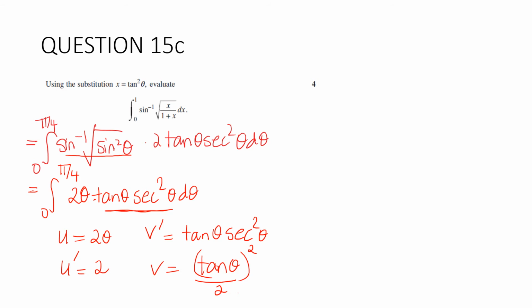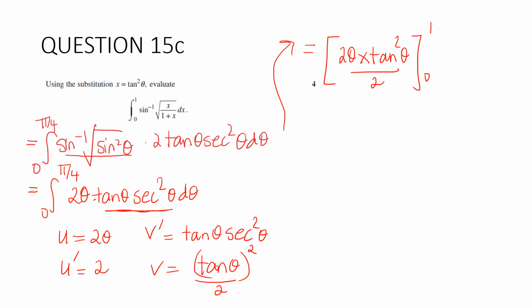All right, up here, equals u times v, so 2 theta times tan squared theta on 2. Is that right? Yep. Between 0 and pi on 4, minus the integral between 0 and pi on 4 of 2 tan squared theta on 2 d theta.